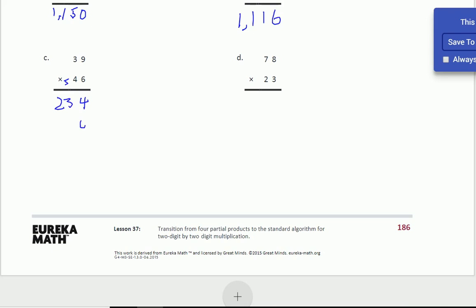So we have to put our placeholder there, our 0. And 9 times 4 is 36. Carry the 3. 43 is 12. 3 is 15. Now all we have to do is add those. Those are actually two partial products. Add those together. We get 1,794.